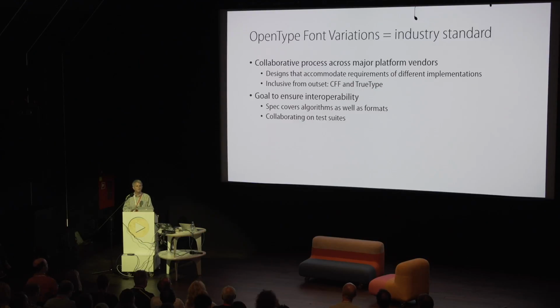We wanted to make sure from the outset that this also supported CFF. And we had this goal to ensure interoperability, as I've already mentioned, defining the algorithms as well as the specification of the formats. We've also decided to collaborate on some test suites so that we can validate that on different platforms, we are all producing the same behavior.